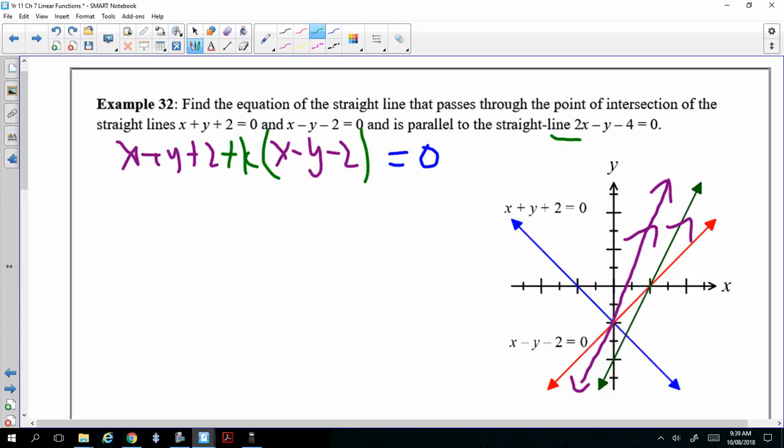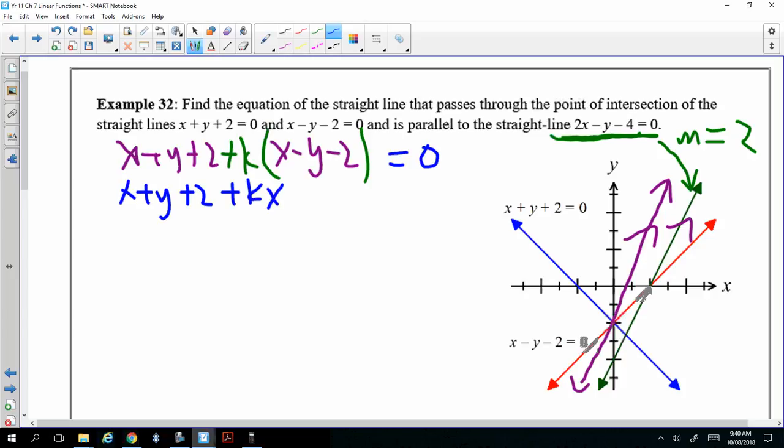So we want to make sure this gradient is also 2, right? How do you find the gradient? We have to rearrange it. So this requires a little bit more algebra than before. So you go x plus y plus 2 plus kx minus ky minus 2k equal to 0. And then what you need to do is collect like terms.